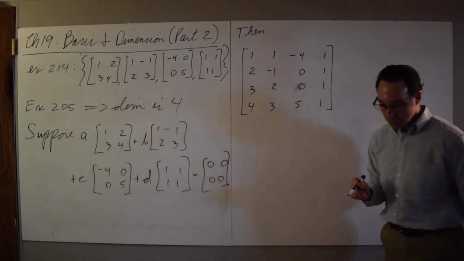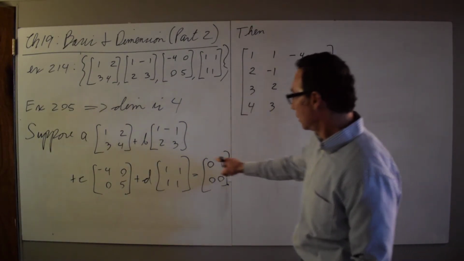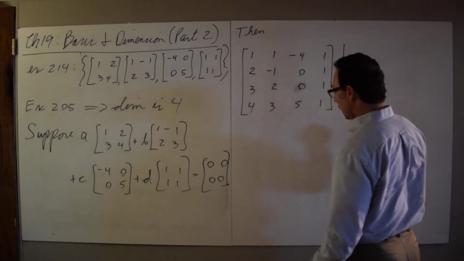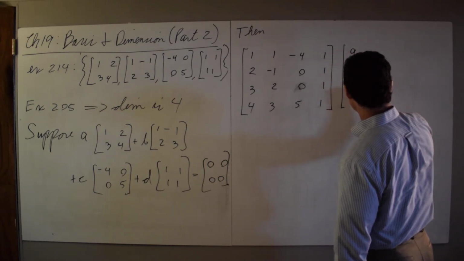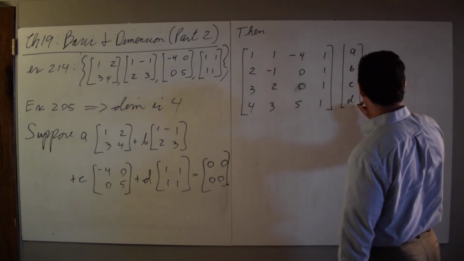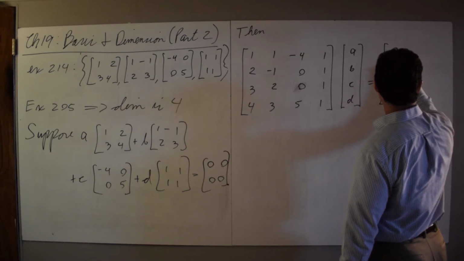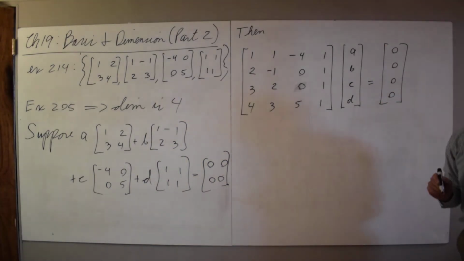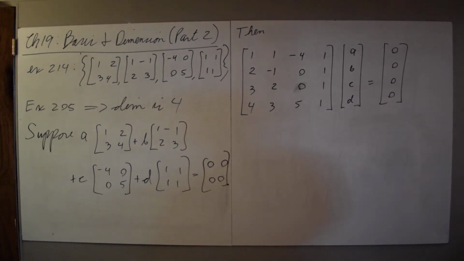We've made a matrix whose columns are these entries, and we'll make a vector A, B, C, D equal to 0, 0, 0, 0. So we've rewritten the equation in terms of a matrix and a vector.